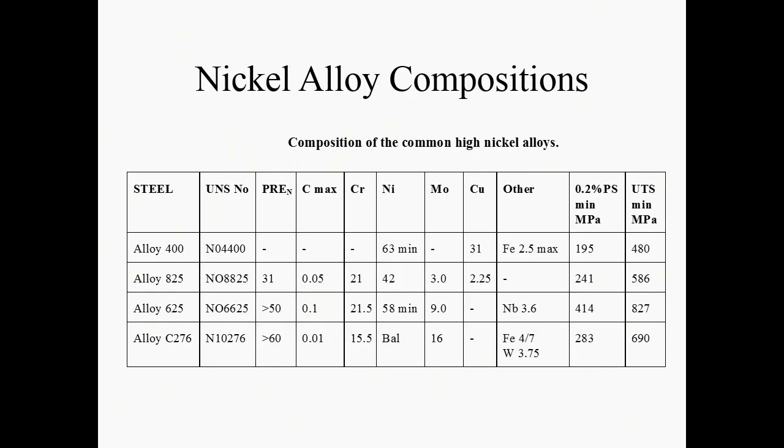So these are the sort of alloys. Alloy 400, which is effectively pure nickel, is not very strong, but all of these alloys are okay. 825 and 625 are the common ones. Alloy C276 is sometimes known as Hastelloy, and you will sometimes see that as the bodies for pumps and things. It's a casting alloy.